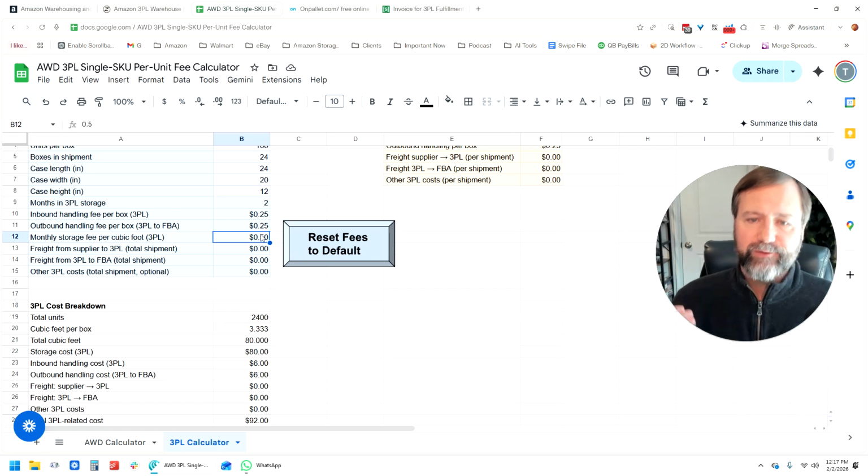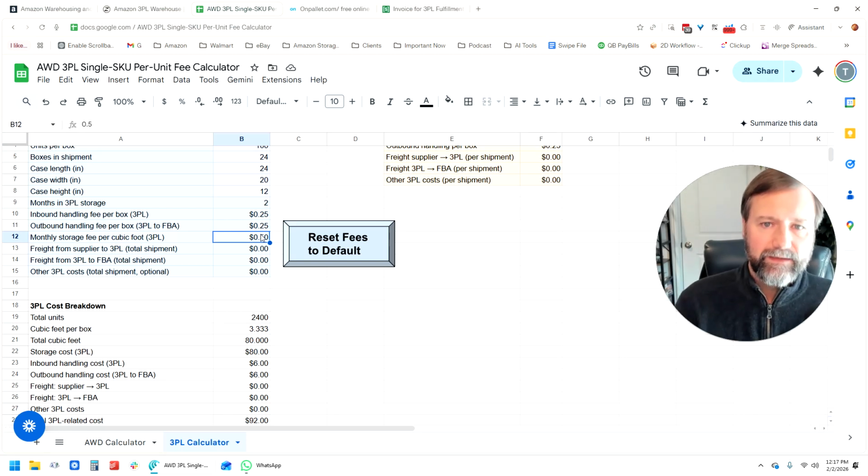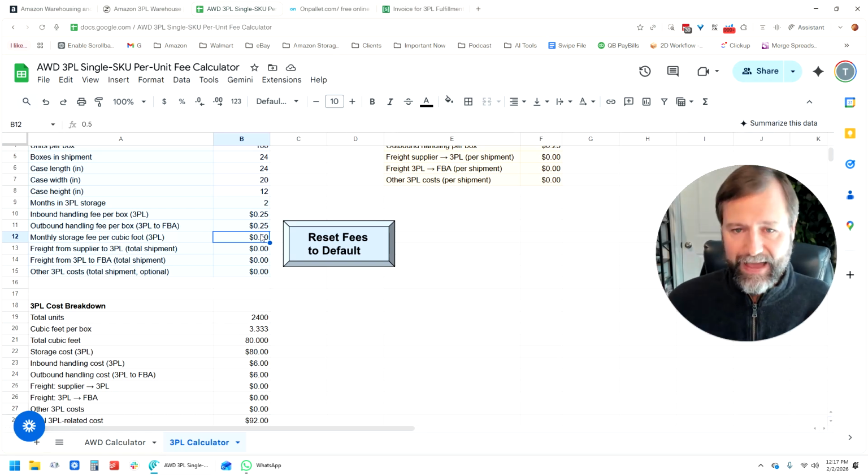So your 3PL receives this full pallet, stores this pallet for 2 months, and then ships out the full pallet to FBA. There's probably going to be other fees related to this, but every 3PL is different, so you need to look at your specific 3PL and get quotes for this.